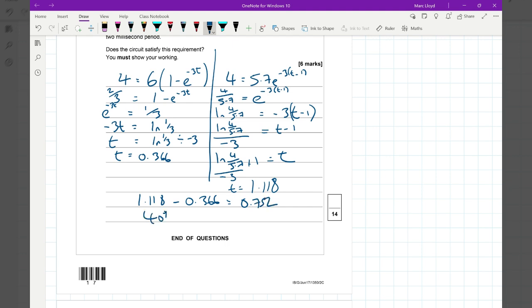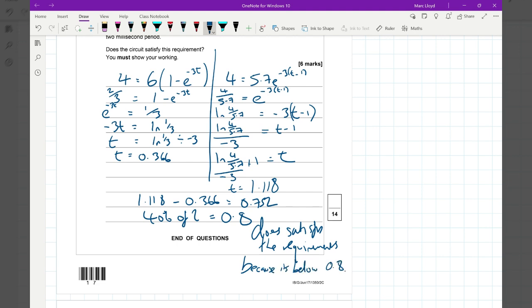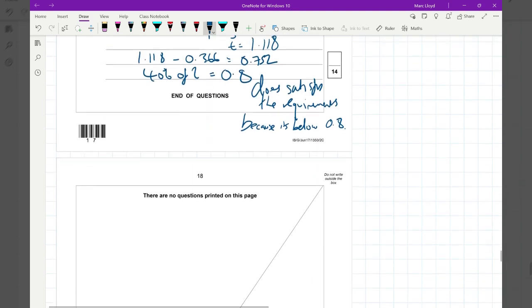Now 40% of 2 is equal to 0.8, and therefore it does satisfy the requirements, because 0.752 is below 0.8. There we go. Right, that's the paper done.